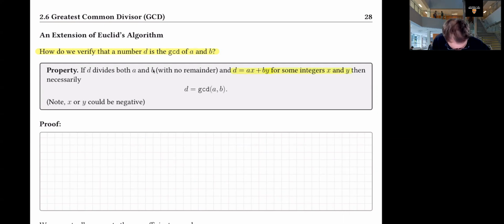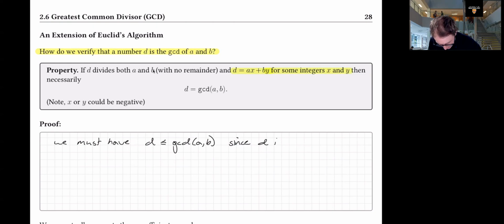So we must have D is less than or equal to the greatest common divisor of A and B, since D is a divisor.